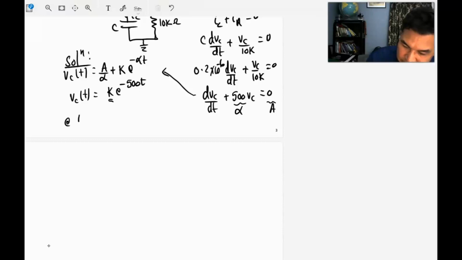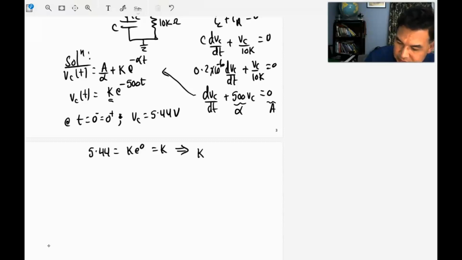So at t equals 0, immediately before and immediately after, the voltage across the capacitor was 5.44, which we already found. So 5.44 equals K, which means your K is just 5.44 volts.